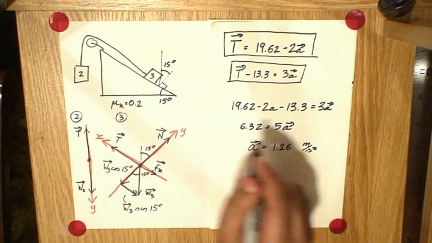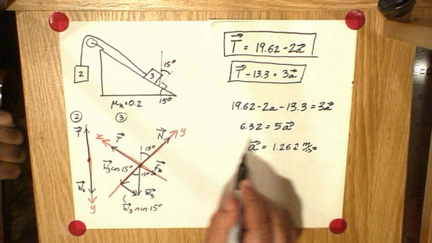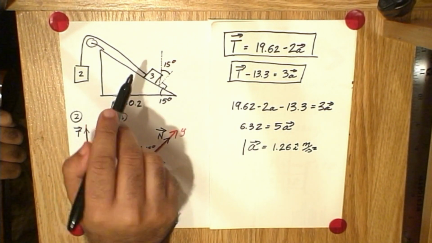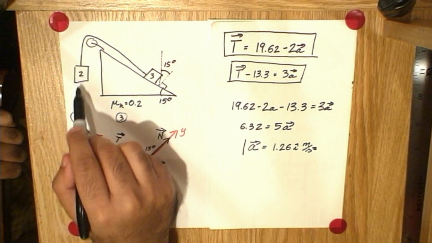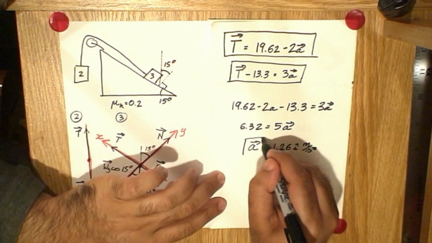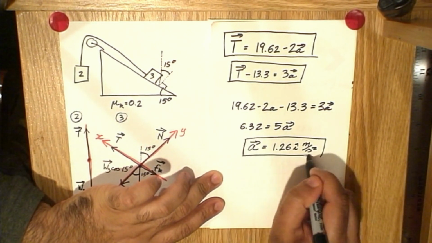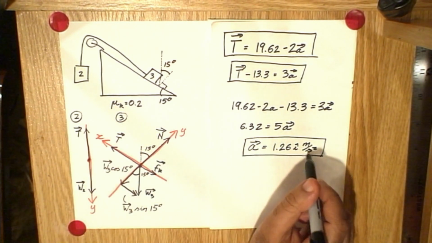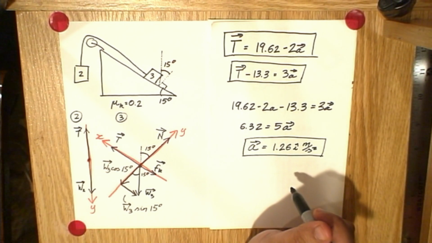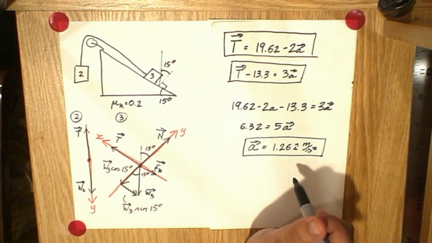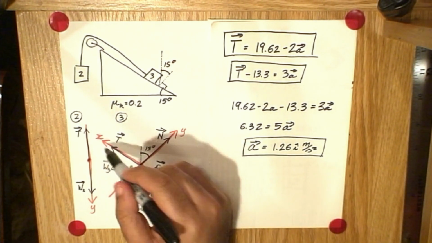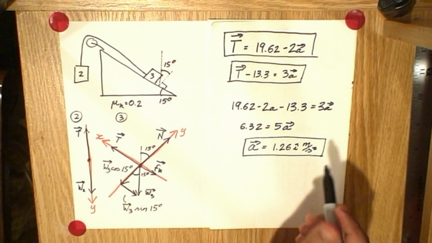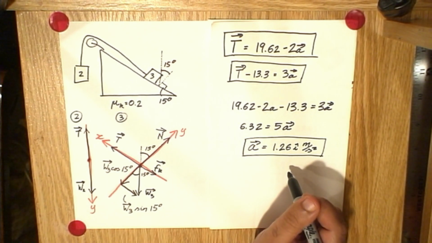So this would be in the positive x direction if you're talking about the 3 kilogram object, and it would be in the positive y direction for the falling 2 kilogram object. This is quite a bit smaller than what happened when we had only the tension and the weight acting on the 3 kilogram object without the friction. It was about 2.4 in that case.